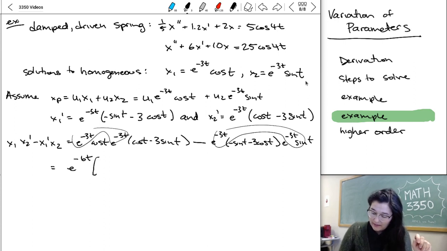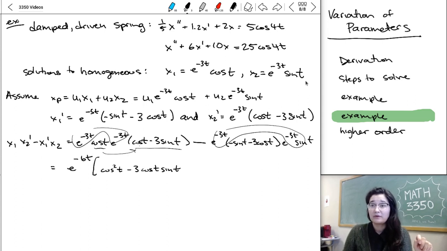Then what's left over is cosine times cosine gives me cosine squared t minus 3 cosine t times sine t. I just did this distribution.